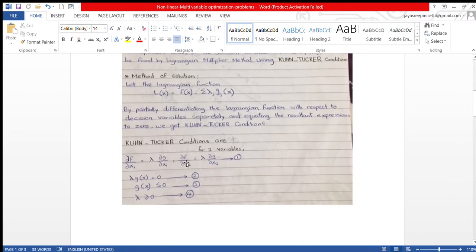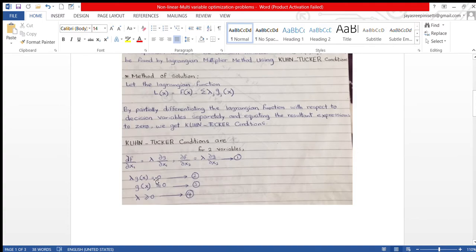Another equation you derive by partially differentiating f of x, the objective function, with respect to x2, equals lambda times the partial derivative of g of x, the condition equation, with respect to x2. So with respect to x1 you get one equation, and with respect to x2 you get another. These are the Lagrange multiplier equations.